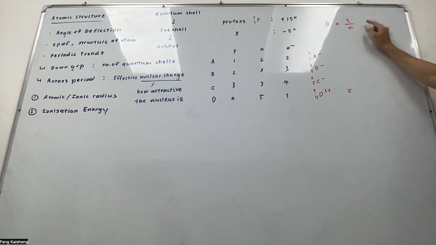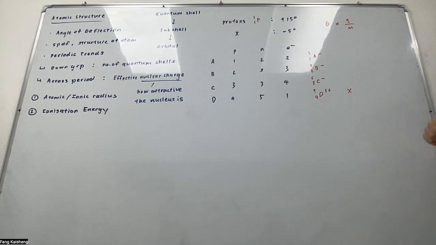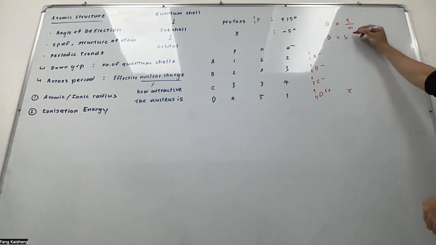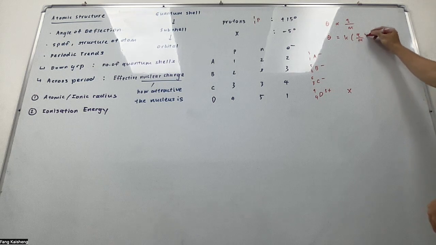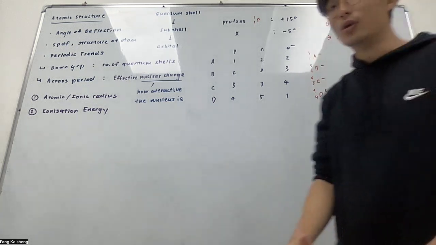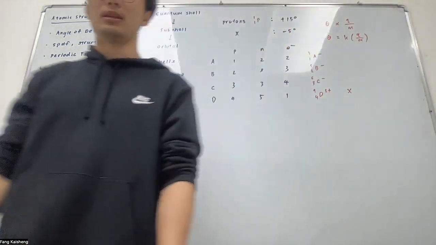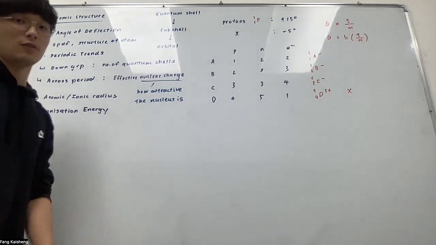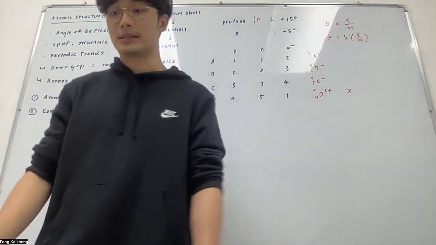No. How do we change this into an equal sign? You need to add the proportionality constant. So use this to perform the calculations, because here you actually need to find the 15 and the 5 degrees. That's why I tell you all to use the K method instead. Q and M is only for comparing, which is not very optimal for this case. So I leave it to you. Go and see which one is the answer.